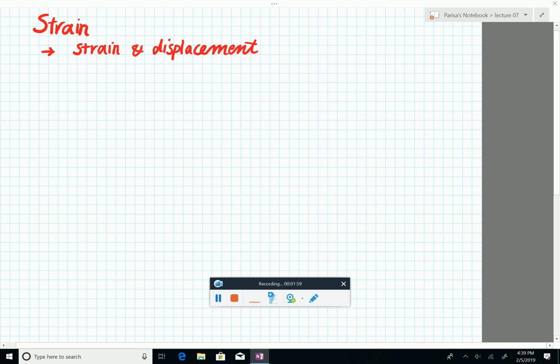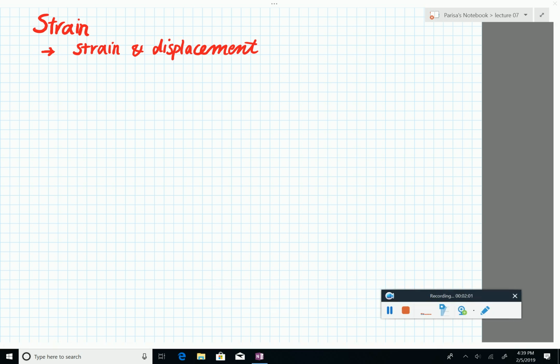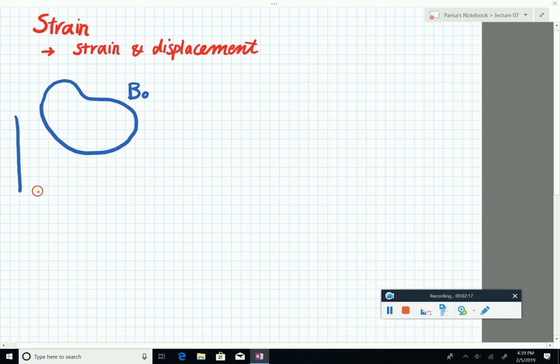So let's start looking at a general body. I call this B naught, and I consider a coordinate system.